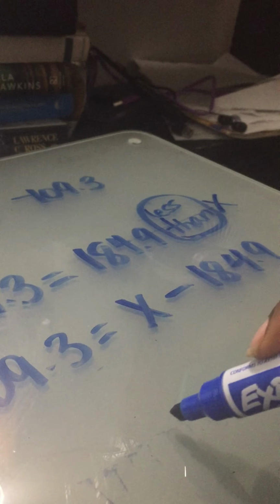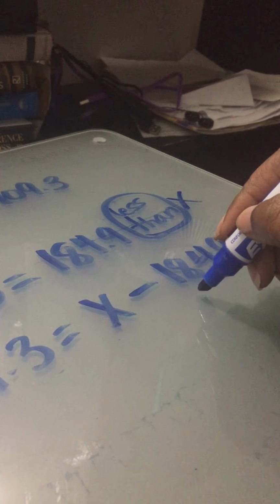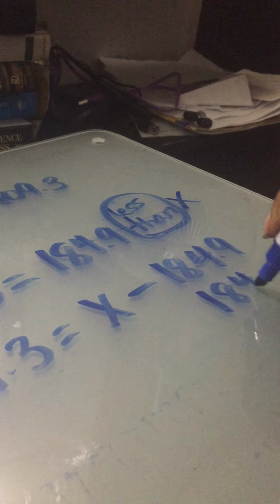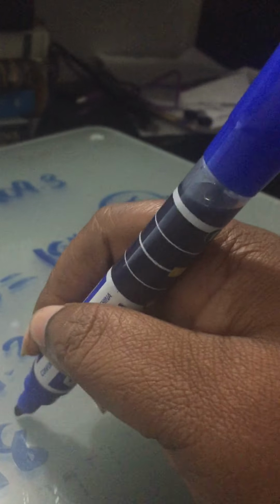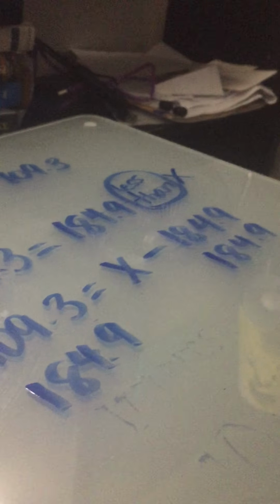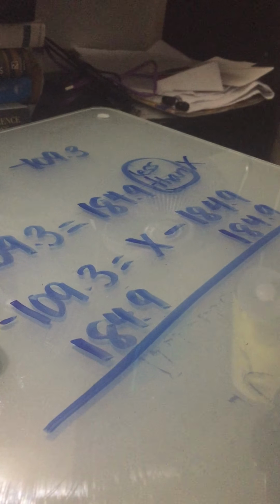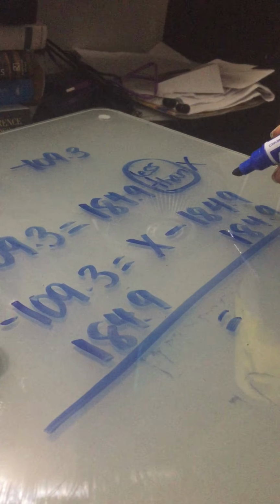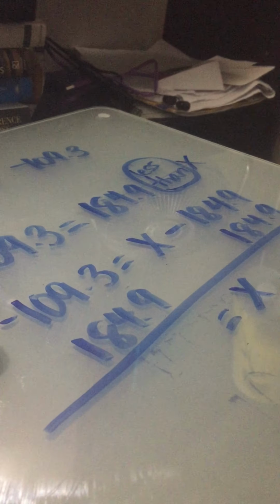So we're going to solve for X. If I'm solving for X, we're going to add 184.9 to both sides. Remember, what you do on one side, you also do to the other side. So these two cancel out, leaving X on the right-hand side.